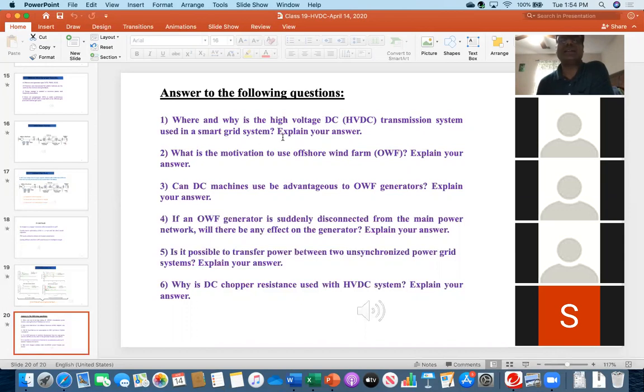That is the location. And why is it used? To reduce the system losses, because it requires less cable, there is no skin effect. I already mentioned those points, and there are less losses. There is only I squared R loss. There is no I squared X loss.